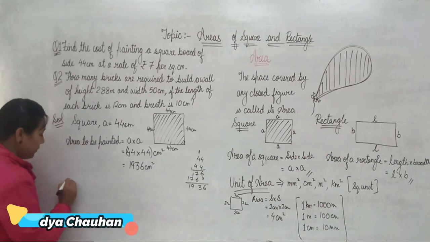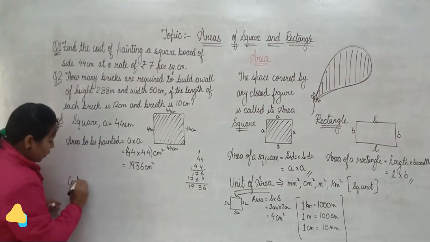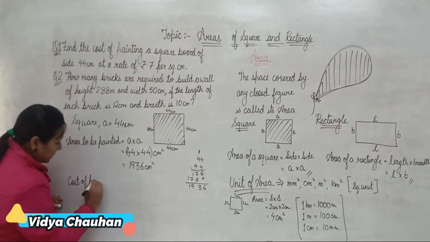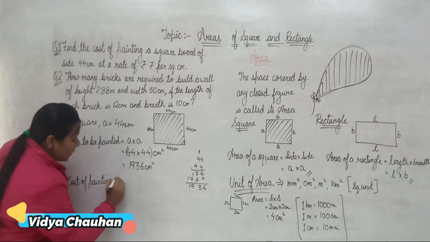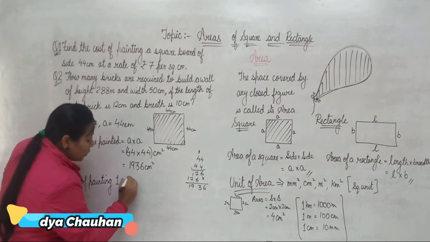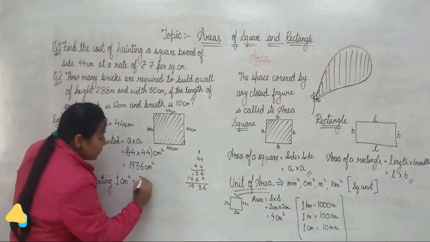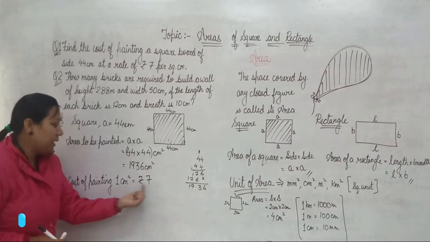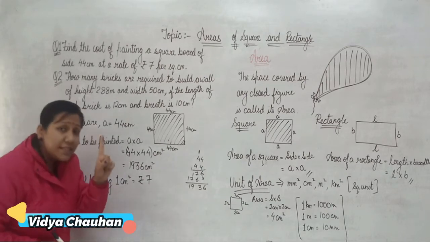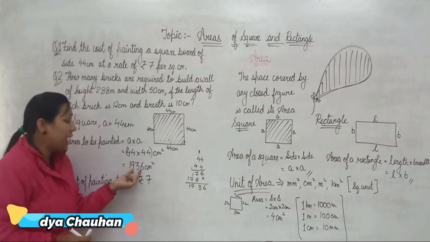So now the next statement will be cost of painting. What is given in the question? Cost of painting 1 centimeter square is given to us as rupees 7. So the painter is charging rupees 7 for painting 1 centimeter square only. And how much we have to paint?